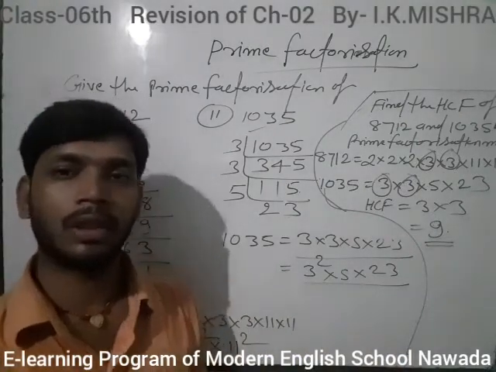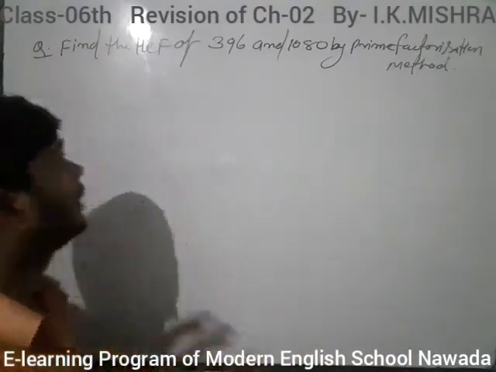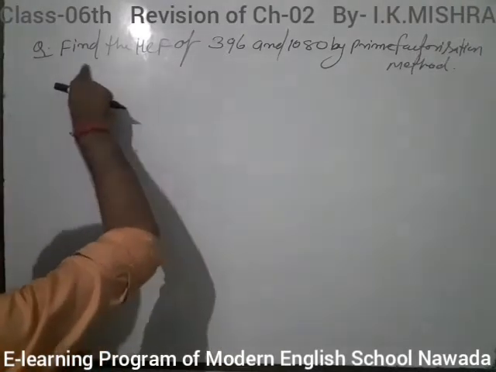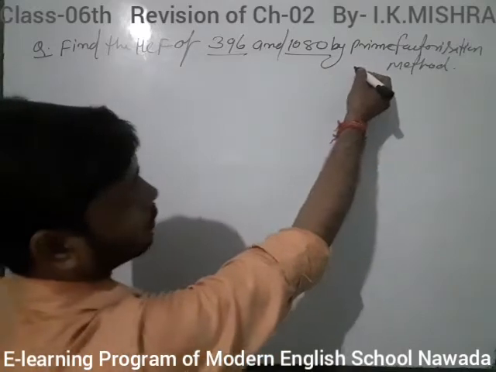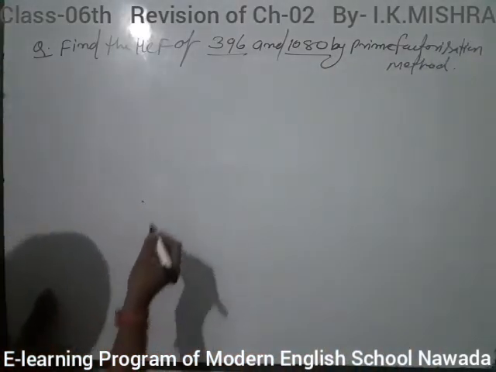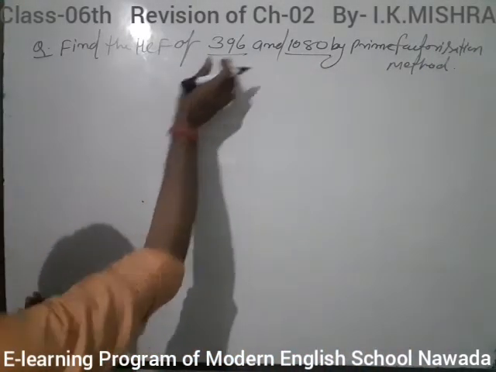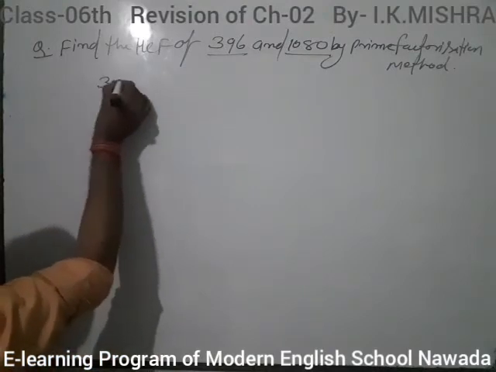Now students, proceed. A question is written: find the HCF of 396 and 1080 by prime factorization method. So students, first of all do the prime factorization of 396.